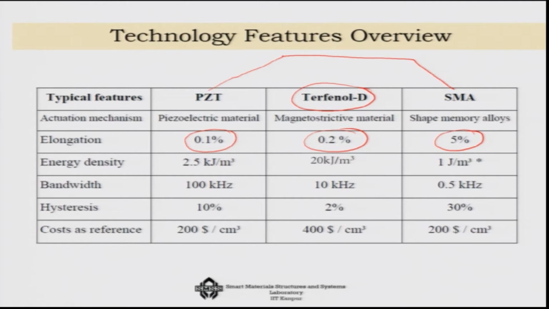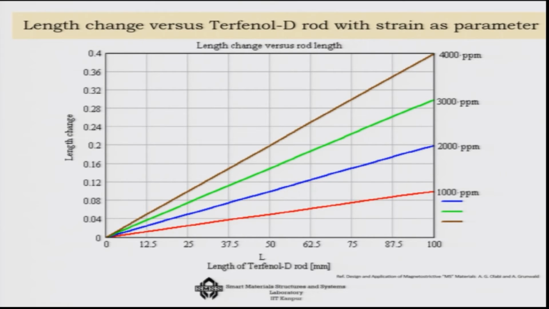So that is something to be noted, that terfenol-D is better in terms of active strain. Energy density wise, this is 20 kilojoule per meter cube, which is much higher than the piezoelectric material or the shape memory alloy. Bandwidth is not as high as piezoelectric material, it is slightly lower, about 10 kilohertz. Hysteresis is much less, but the cost is much higher. So, this just gives you a comparison between the three.